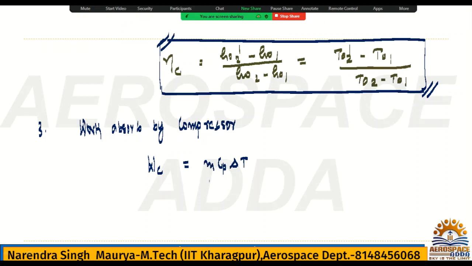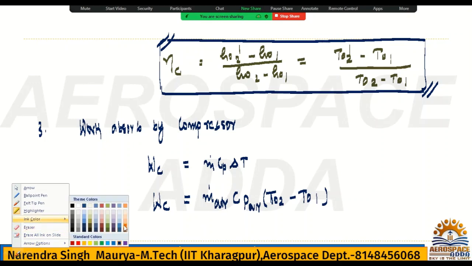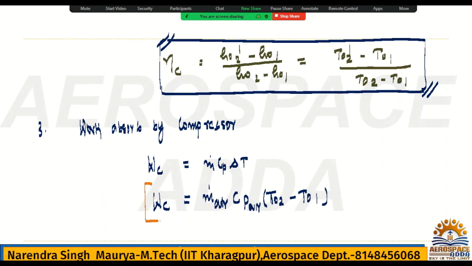What is the mass flow rate here? Only air. So m of air, Cp of air, and delta T is the total temperature, T naught 2 minus T naught 1, because I am writing actual work. So m Cp (T naught 2 minus T naught 1) will be the compressor work, and this work will be absorbed by the compressor. This is the third very important point for the compressor.